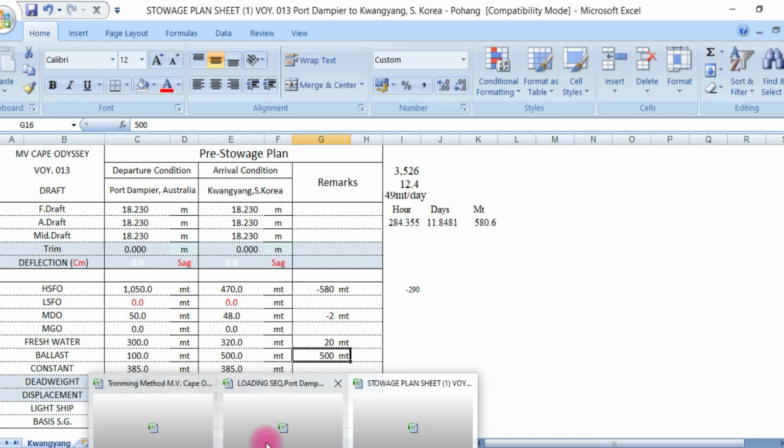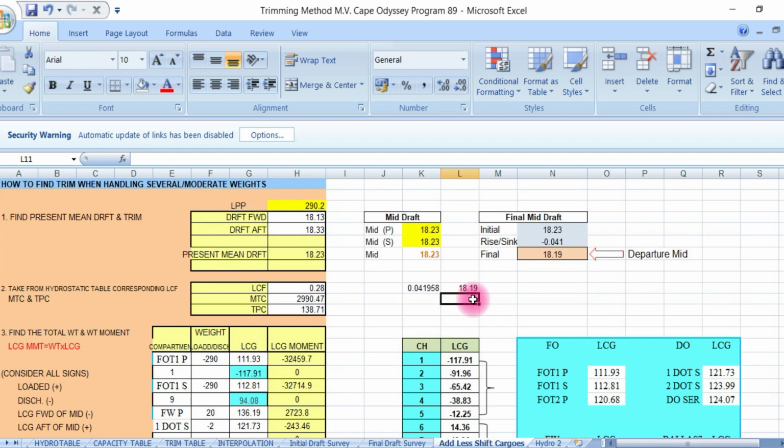So I repeat, 582 metric tons divided by 100, then you divide again by the TPC, which is 138.71, equals, and the answer is 0.4196, 4 centimeters.